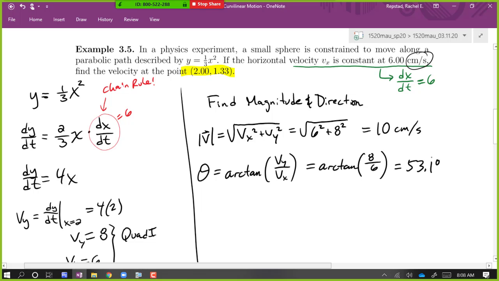And so I'm just going to put it together to give a single answer. This velocity vector is 10 centimeters per second at an angle of 53.1 degrees.